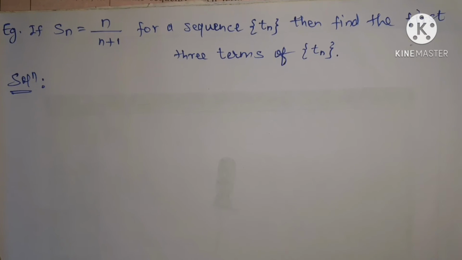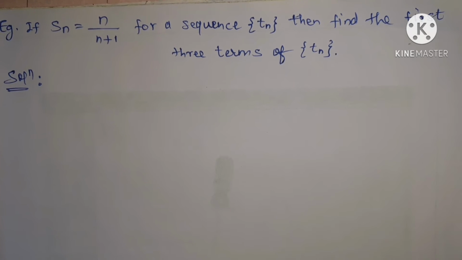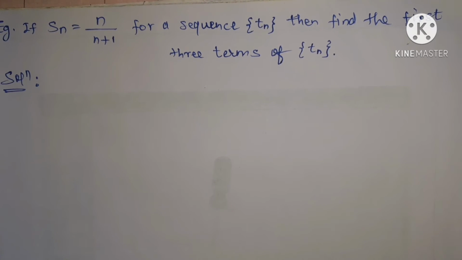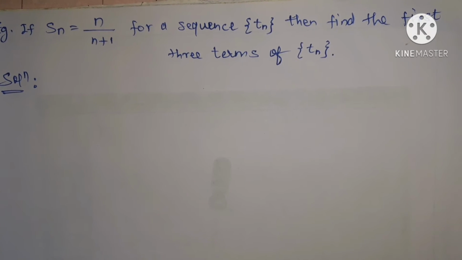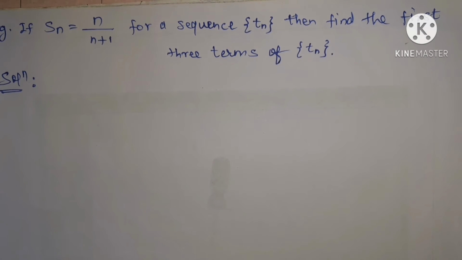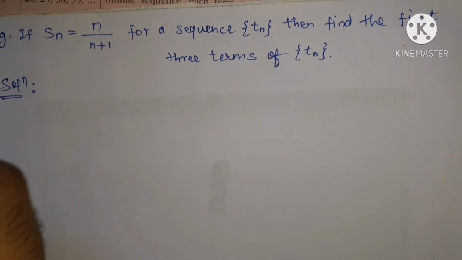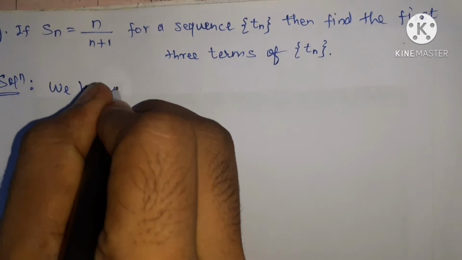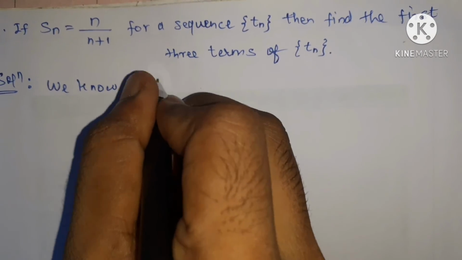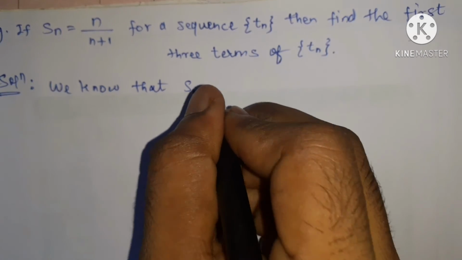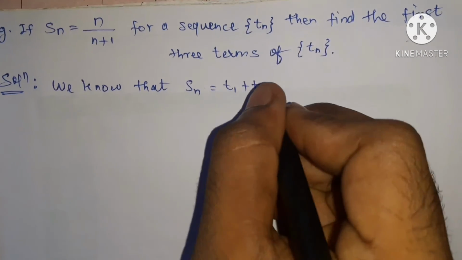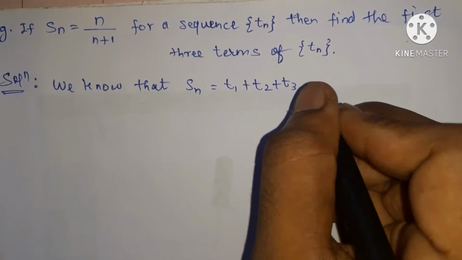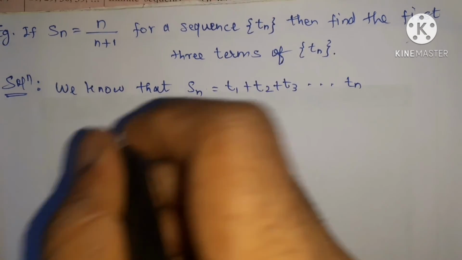Now we will see an example based on sum of the terms, how we can find the terms if Sn is given. So we know that Sn is equal to T1 plus T2 plus T3 till Tn terms.